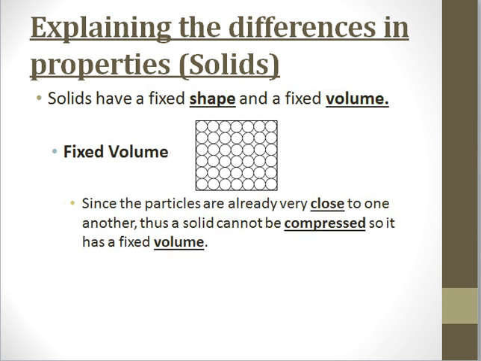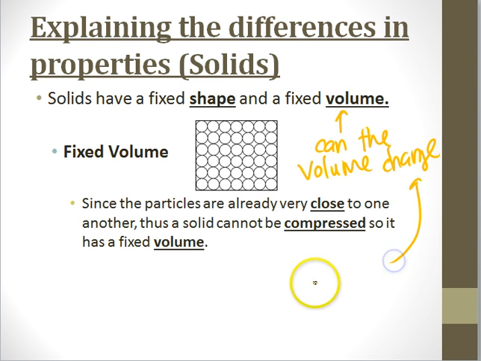Think about it closely. When you talk about fixed volume, we're actually comparing whether the volume can change. Can the volume change? When you talk about whether the volume can change or not, we're actually comparing the compressibility. This actually refers to can the particles be pushed closer together?